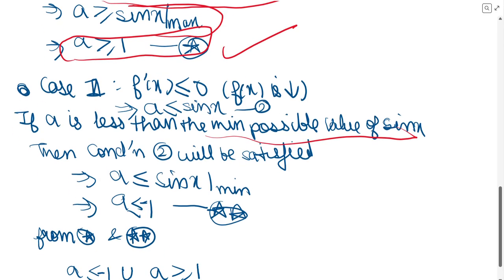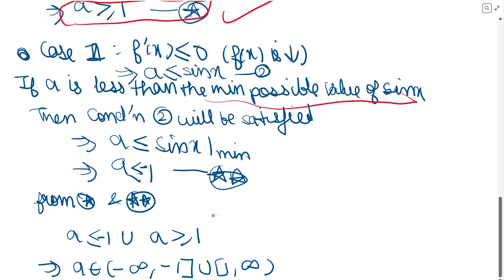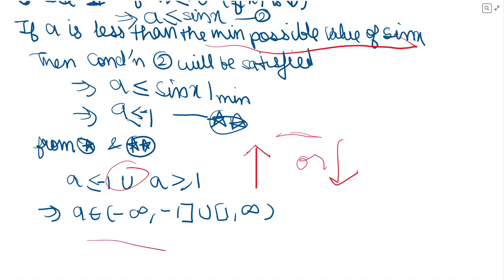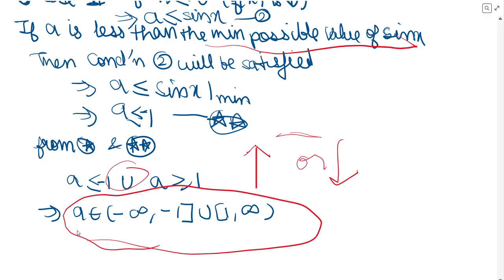This is what we derive for the next condition. Now we do not have any specific condition which obligates us to say that our function is strictly increasing or decreasing. It can take any of these values. That means we need to apply a union symbol. So finally we can write the range of a like this.